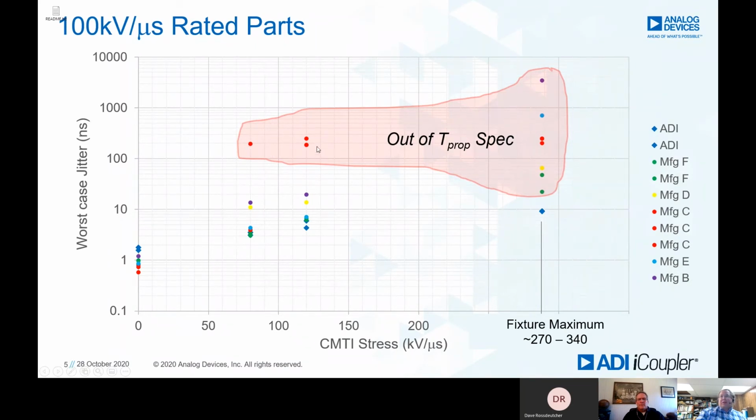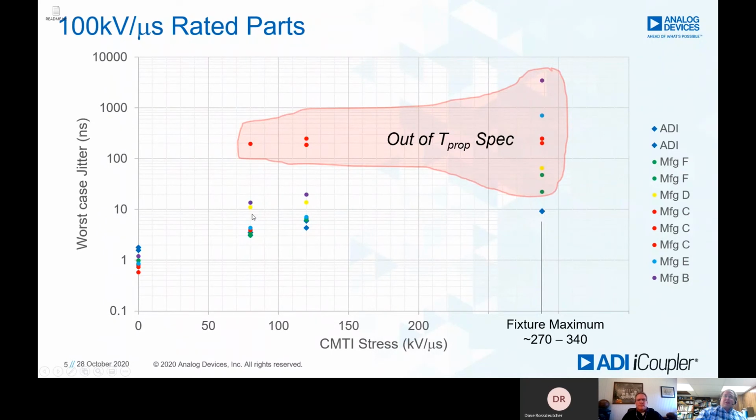When I went back to look at what happened with those exceptions, it turns out they talked about 100 kilovolts per microsecond performance on the front page of the data sheet, but when I go back and look at the data sheet, it was closer to 25, 30 kilovolts per microsecond that they guaranteed. So you've got to look at the data sheet a little bit closely.